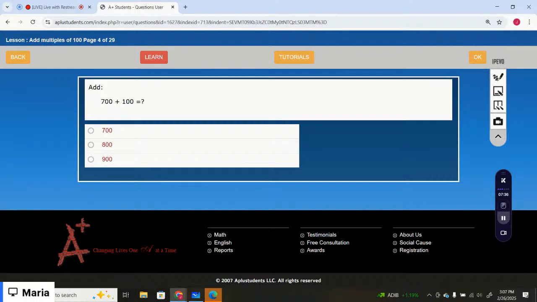700 plus 100. So which is the correct option? 700 plus 100 equals 800.